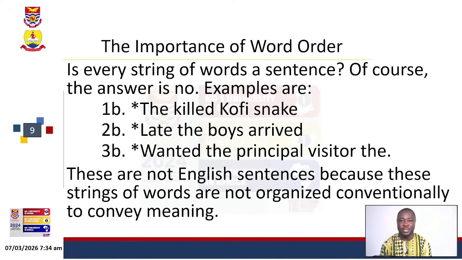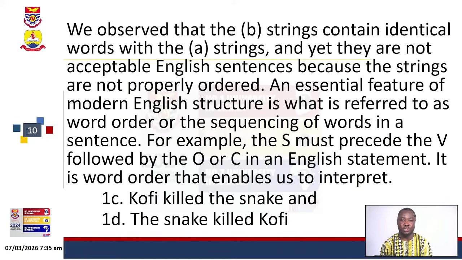And that is the reason why when you say "they killed Kofi Snake," somebody will be thinking, is this person correct? Is everything okay upstairs? Yeah, because the English language we know has rules, and every sentence must obey the rules of the language. We observe that, for instance, in B, the strings contain identical words with the one in A, okay?